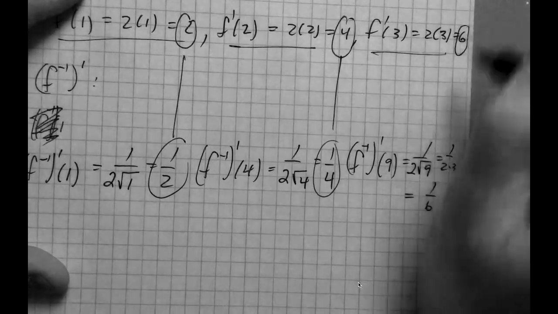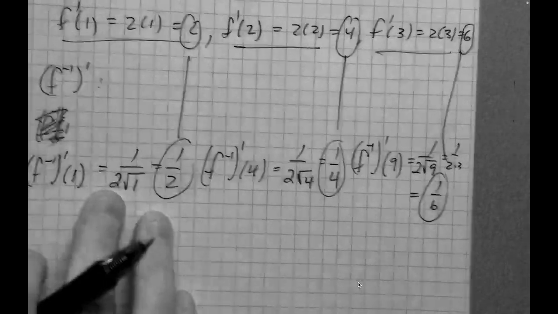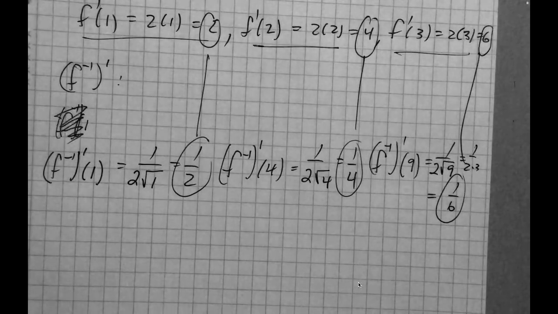And of course, those track as well, right? So the value of the derivative at the inverse and the value of the derivative of the original function are reciprocal. That's sort of the relationship.